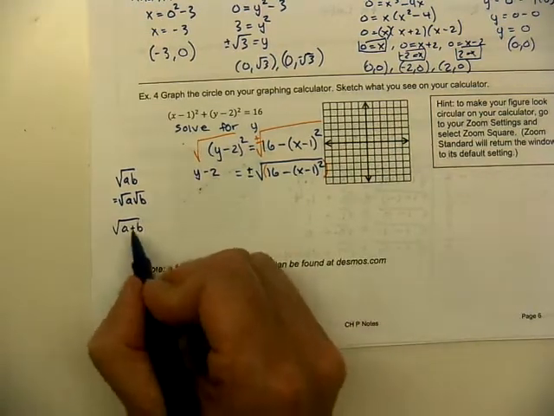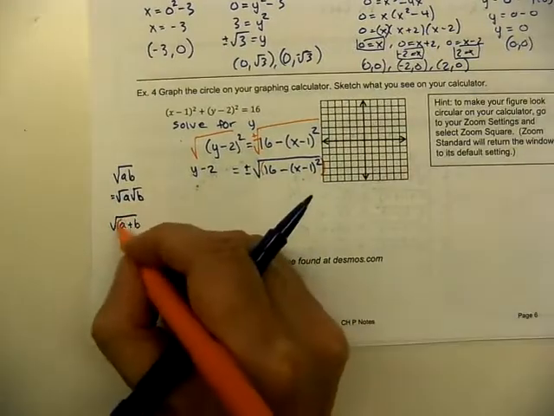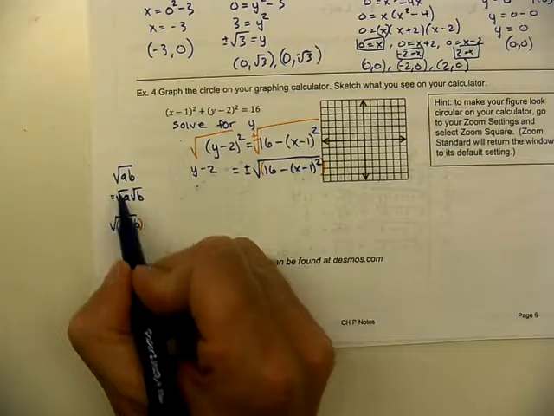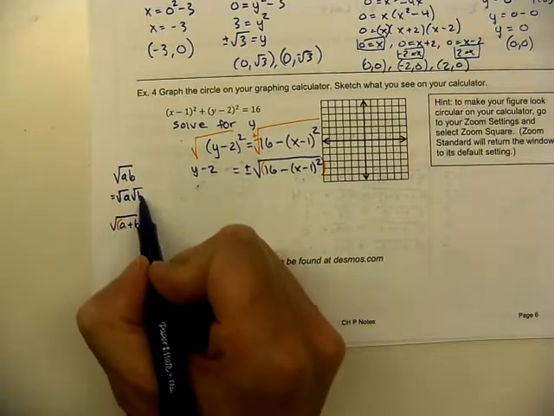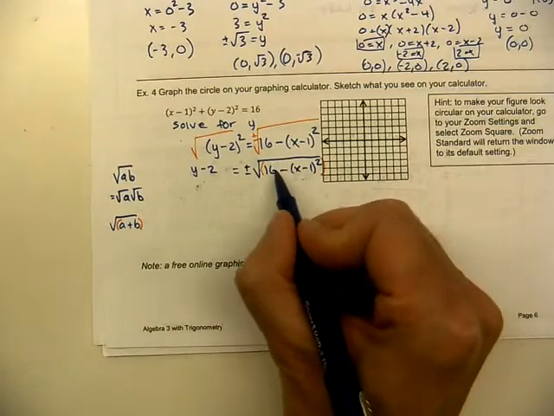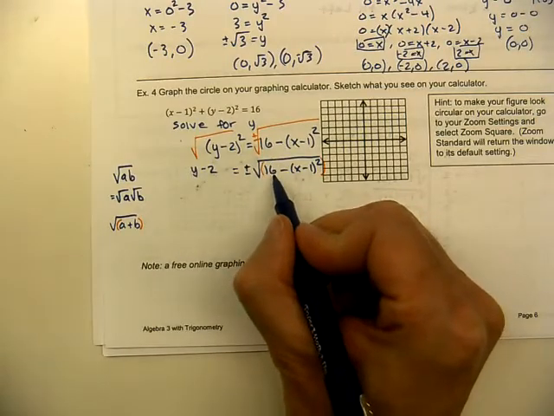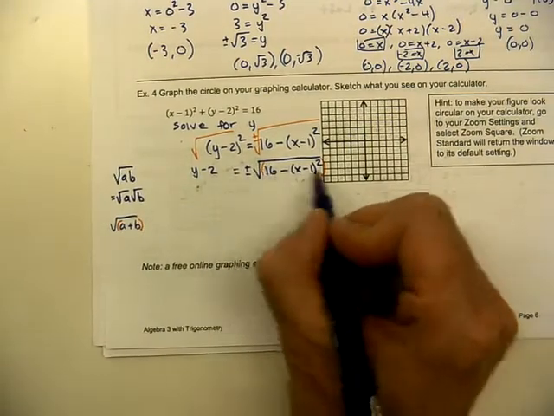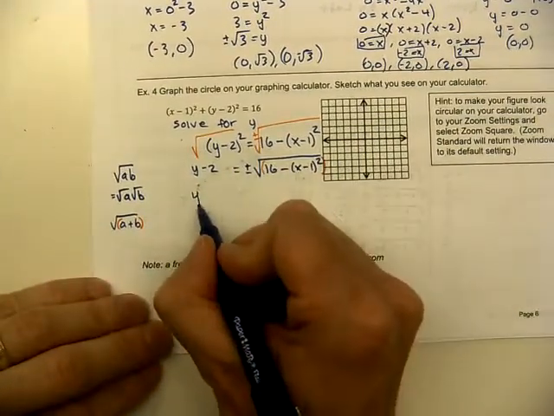No. This has to be grouped together as a bundle. So if you're multiplying, you can take the square root of each individual factor. But if you have addition or subtraction, you cannot take the square root of 16, because 16 is not a factor, 16 is a term. So it stays this way.